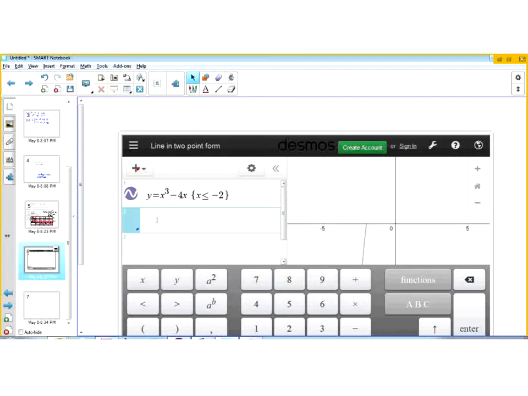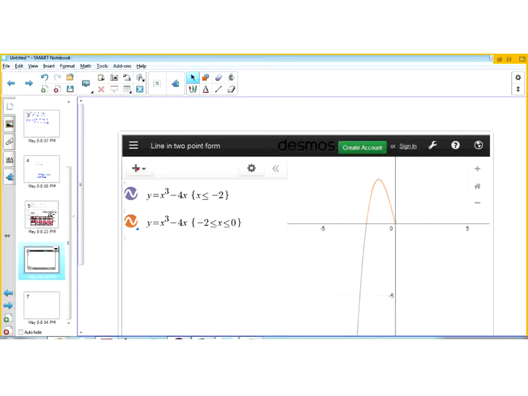Now, as we anticipated, between -2 and 0, the graph should be above the x-axis. So we have -2 less than or equal to x, less than or equal to 0.